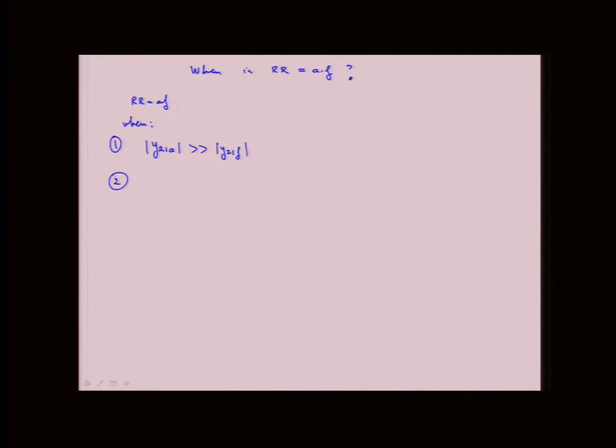And this one says that we'll write it as Y11A plus Y11F times Y22A plus Y22F is much greater than Y12A plus Y12F times Y21F.